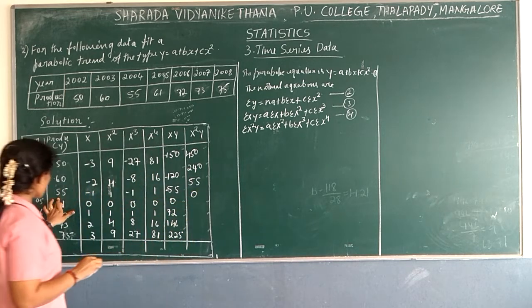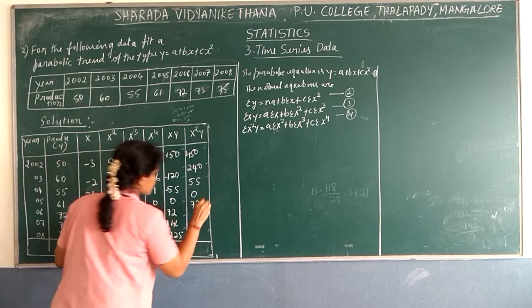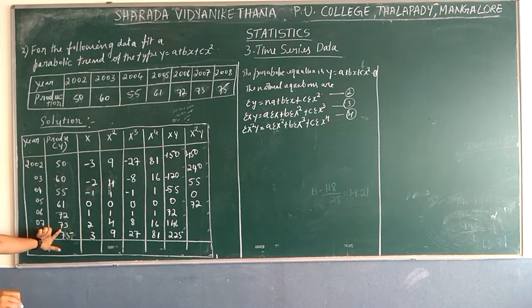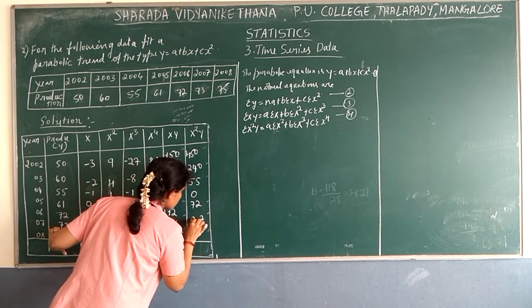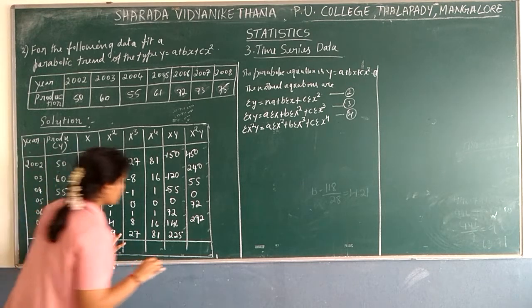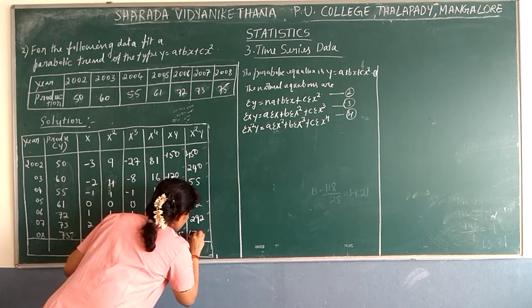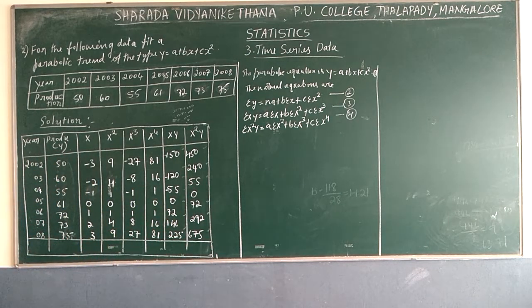Then 0. 72 into 1, here we get 72. 73 into 4, there we get 292. And 75 into 9, there we get 675.